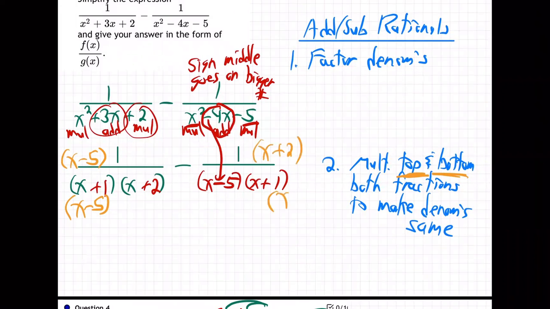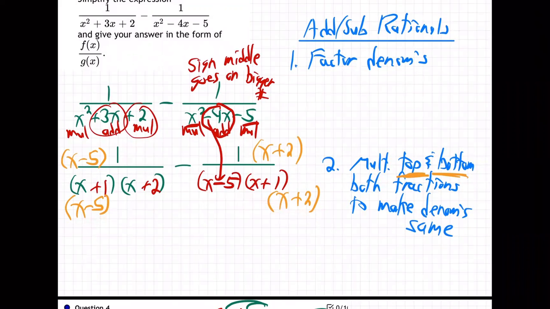X plus 2, top and bottom. See how the two denominators are the same now? See how I gave them what they're missing so that now they're the same. The left denominator has X plus 1, X plus 2, and X minus 5. The right one has those same 3 pieces. The two denominators are now the same, common denominators, common ground.